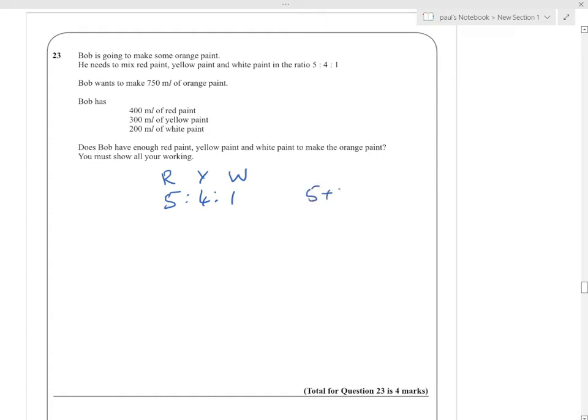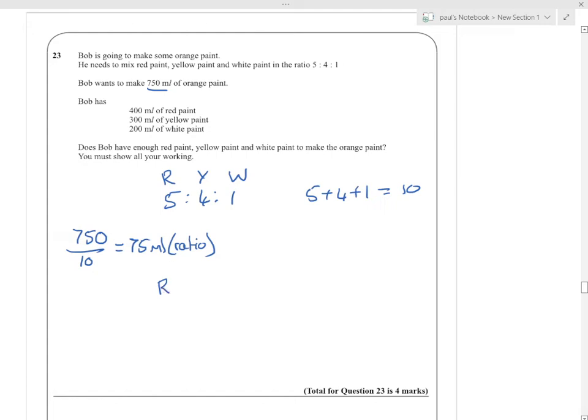So 5 plus 4 plus 1 equals 10. So that's how many ratio parts we've got. Now we've got 750 mils of orange paint. Divide that by 10, which means each ratio value is worth 75 mils.